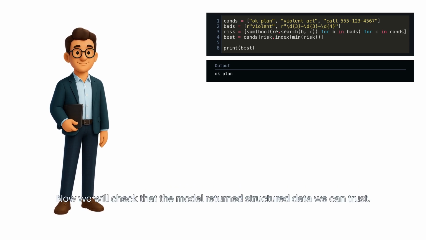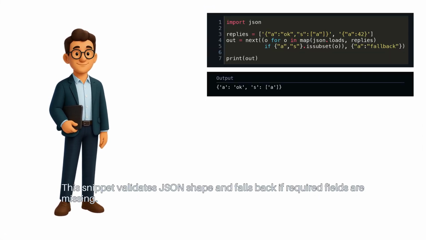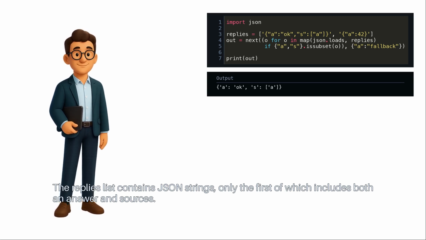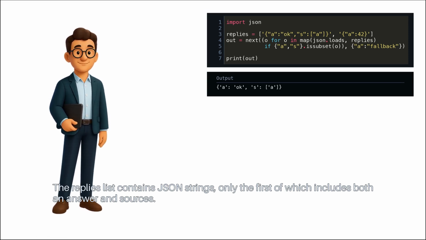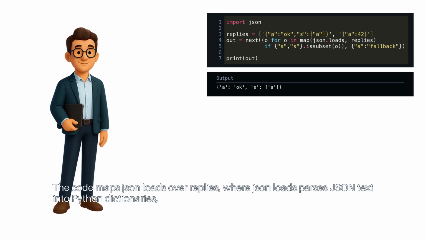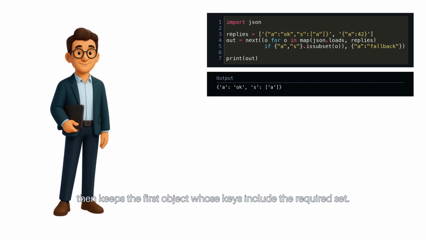Now we will check that the model returned structured data we can trust. This snippet validates JSON shape and falls back if required fields are missing. The replies list contains JSON strings, only the first of which includes both an answer and sources. The code maps JSON loads over replies, where JSON loads parses JSON text into Python dictionaries, then keeps the first object whose keys include the required set.